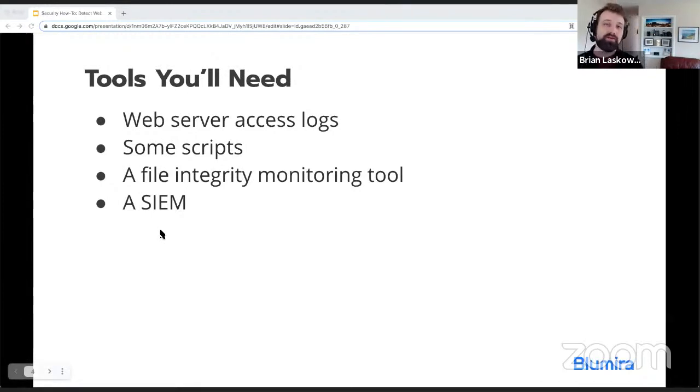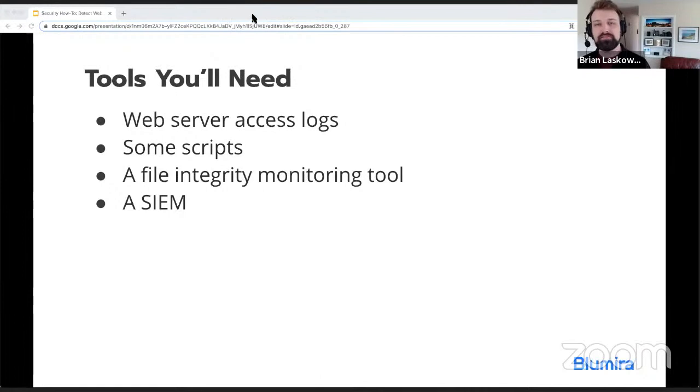And then, a SIM. Some SIMs can be pretty expensive, but Blumira is one of those products that's trying to break the mold on that. And the key thing there is that even if you have all your logs turned on on that server, if the threat actor has a web shell there, then they have access to modify things on the system.